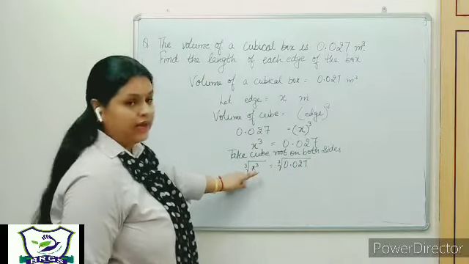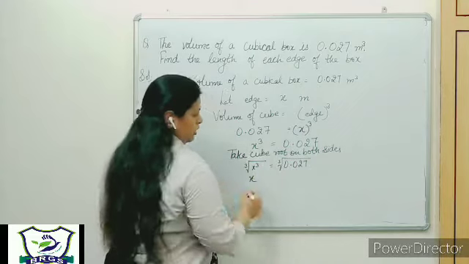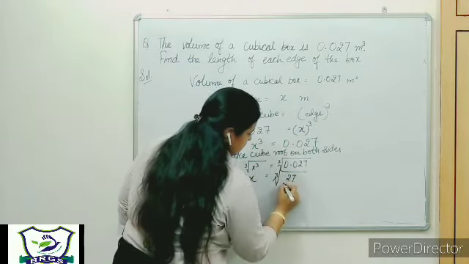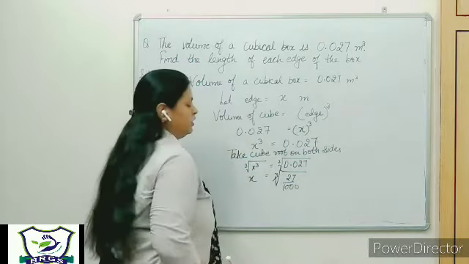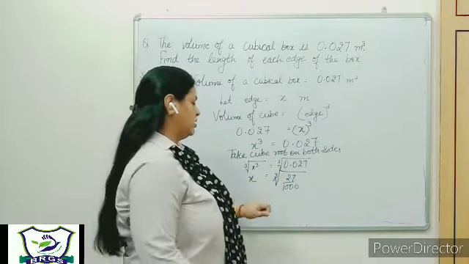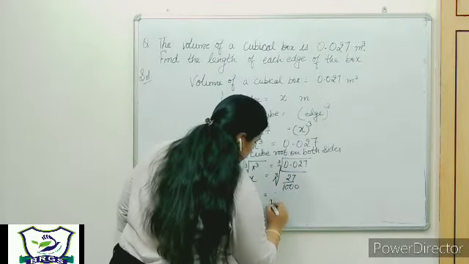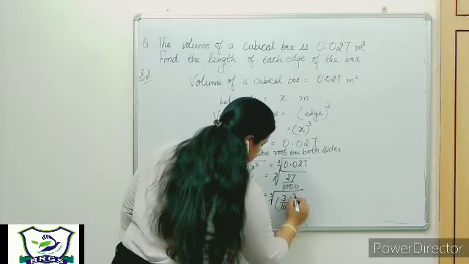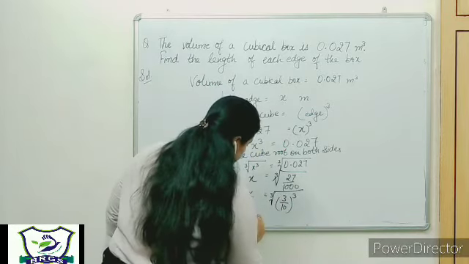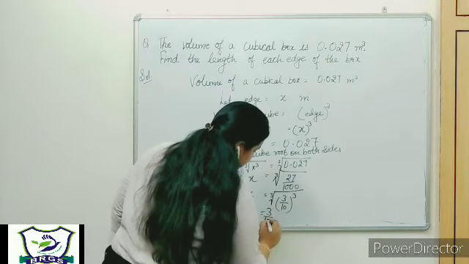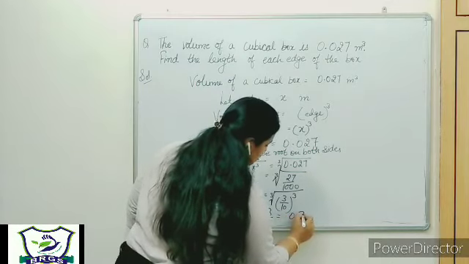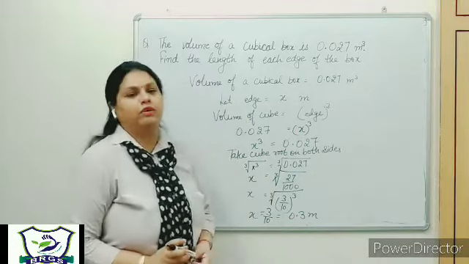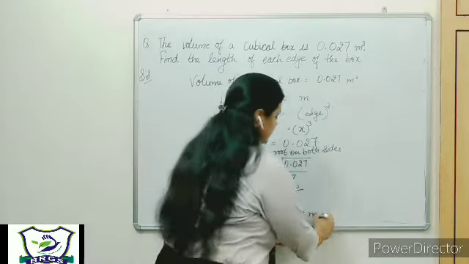The exponent 3 and the root will cancel, so it will be x only, and here 27 by 1000. We know 27 is the cube of 3 and 1000 is the cube of 10, so it can be written as (3 by 10) cubed. The exponent cancels, so x is equal to 3 by 10, which is 0.3 meter. So the length of the edge of the box is 0.3 meter.